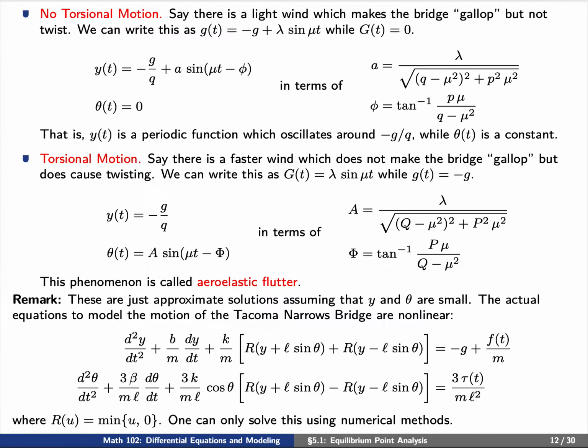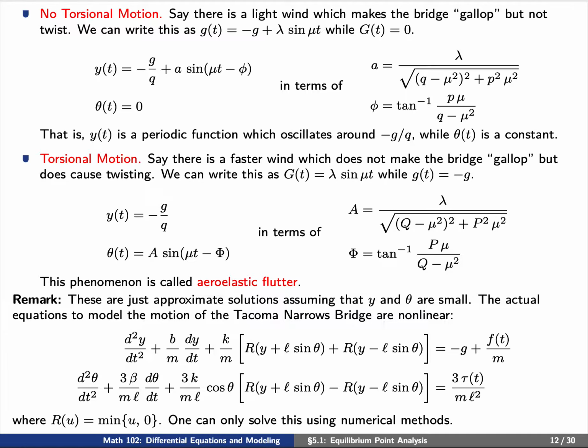We can consider two extreme cases of this motion. First, let's say that there is a light wind which makes the bridge gallop but not twist. This means that we can write our forcing function, lowercase g of t, as negative g plus lambda sine mu t, while the forcing function capital G of t equals 0.